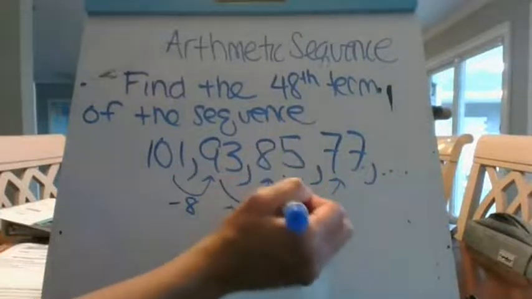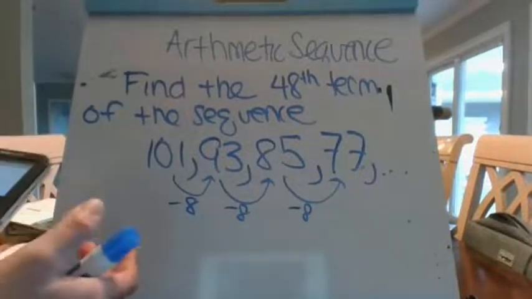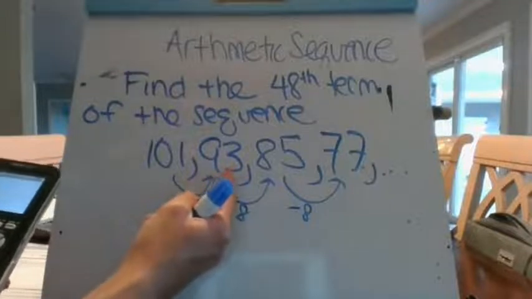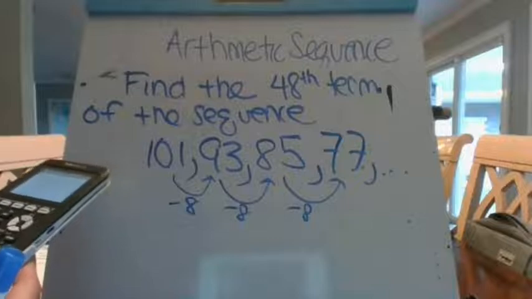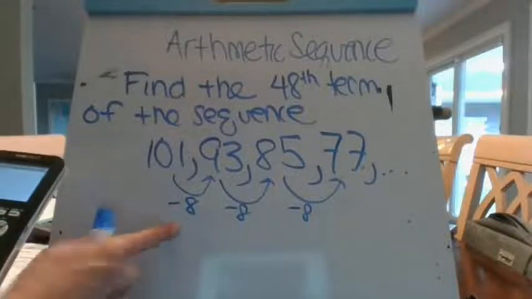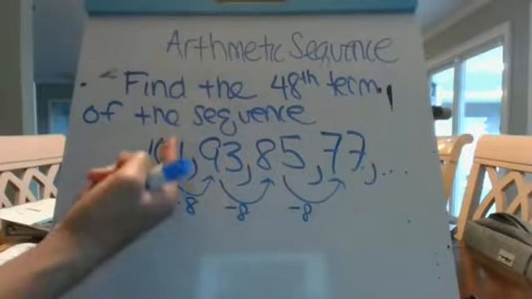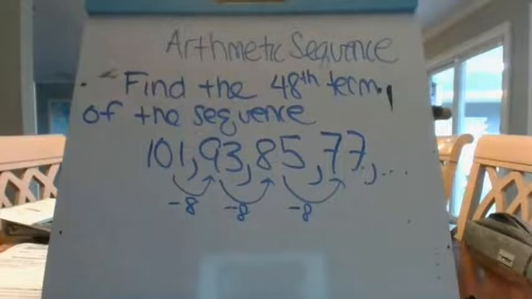And from 85 to 77, I'm going down by 8. If you can't see that right away, you can take one of your terms and then subtract the one prior to it. So if I do 93 minus 101, I'll get negative 8. If I did 85 minus 93, I get negative 8. So I can confirm that it's going down by 8 each time.